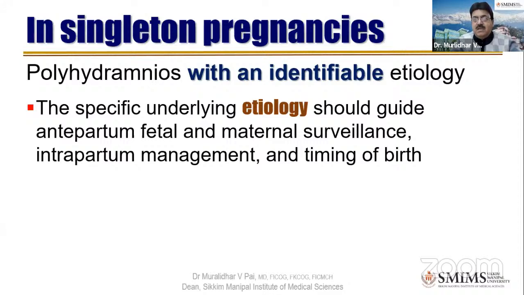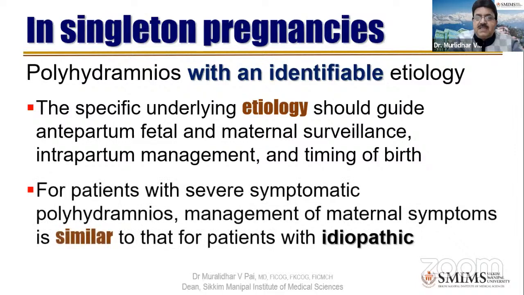In other words, you are monitoring polyhydramnios, all right, but you are surveying the cause of it, whether it is in the mother or in the fetus, and that will guide our antenatal, intrapartum management and timing of the birth.